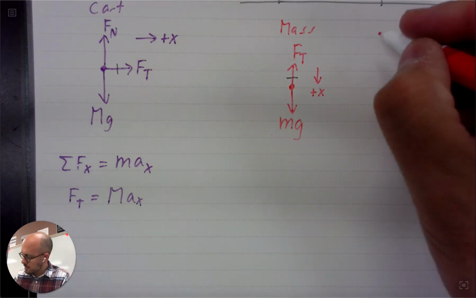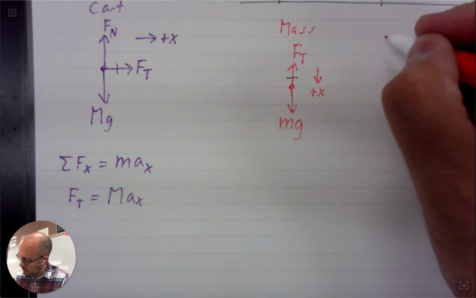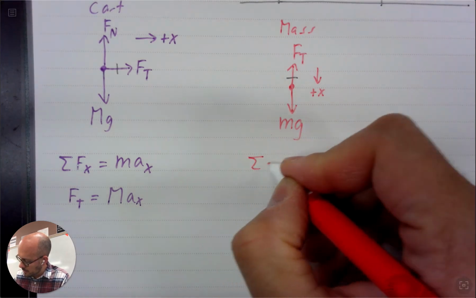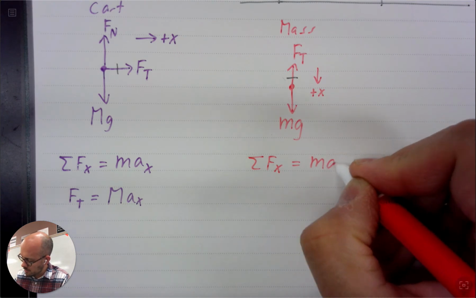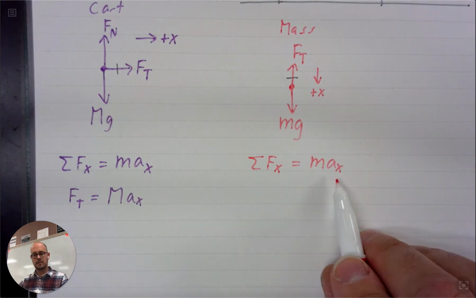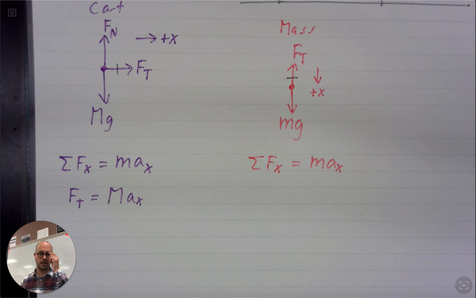For the hanging mass, I'll do it over here. It's the same idea, and it's the same acceleration. Because those objects are connected by a rope, they have the same properties at all times in terms of their kinematics, and so they'll have the same acceleration.